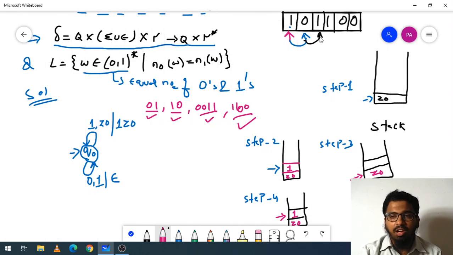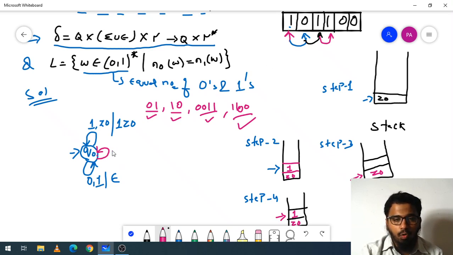What is the next header? Our next is 1, again 1. So whenever we have 1, we need to push it in the stack. Okay, and what is the next header?